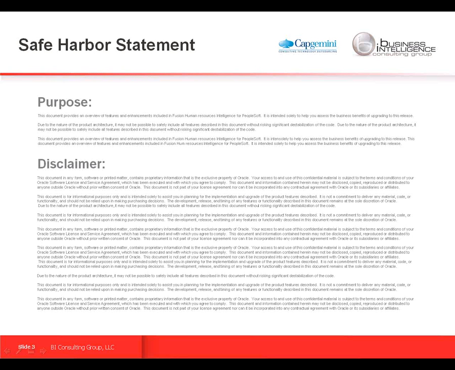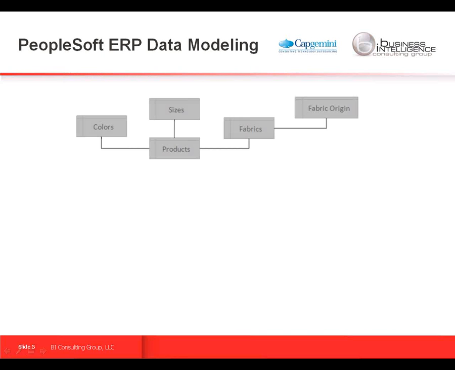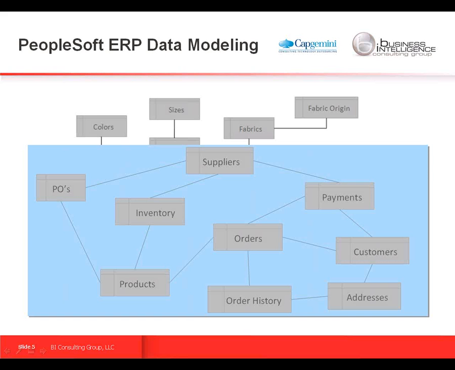So let's take a real quick look at the typical PeopleSoft data models and reporting environment. As PeopleSoft developers and users, we're probably all familiar with the typical ERP normalized database structures, and the kind of relationships that have to be maintained among those and understood as users when we're developing our reports and queries.